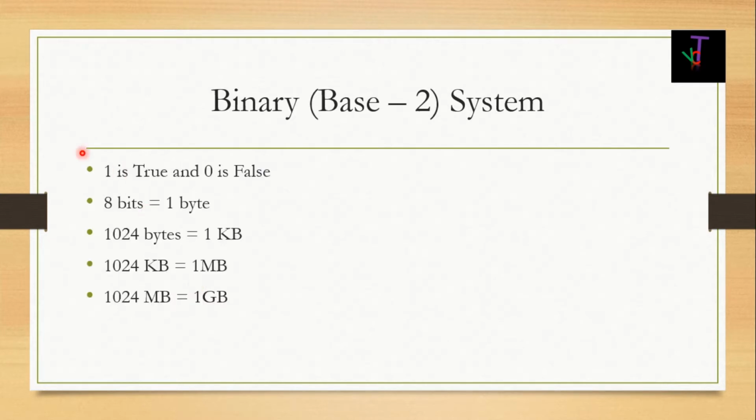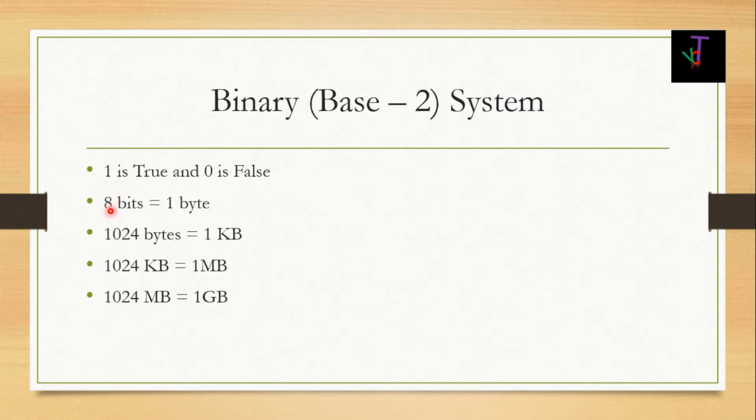In this number system, 1 is true while 0 is false. And like other systems, this system has units. They are bits, bytes, kilobytes, megabytes, gigabytes, and so on.